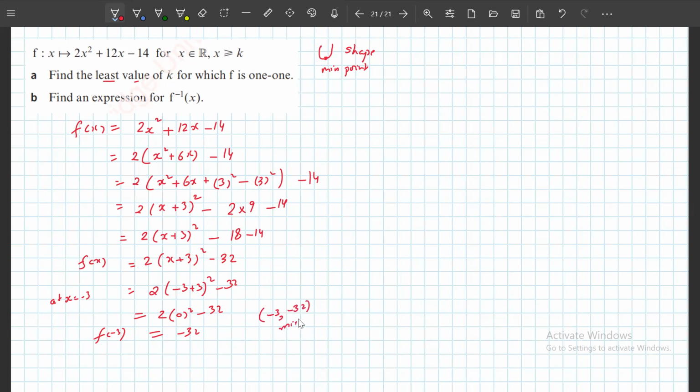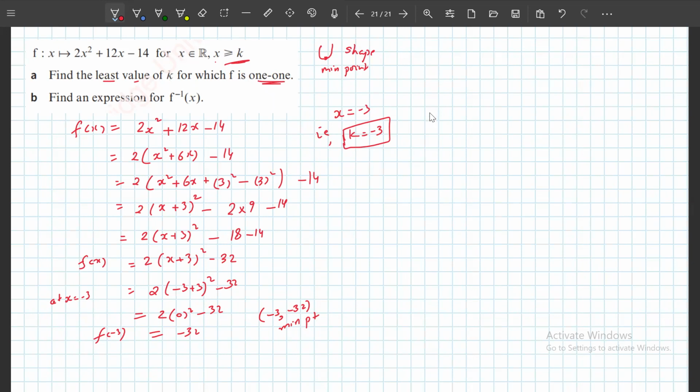This is our minimum point, or a turning point as well. From here you can get the value of k: x is greater than or equal to k, so k is also -3. For this value of k, we have a one-one function, and then you can find the inverse.